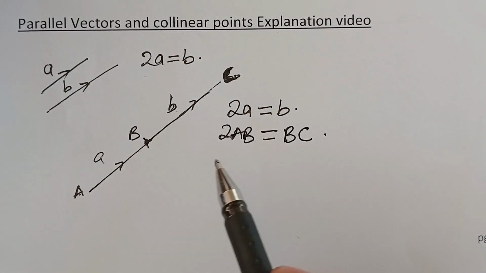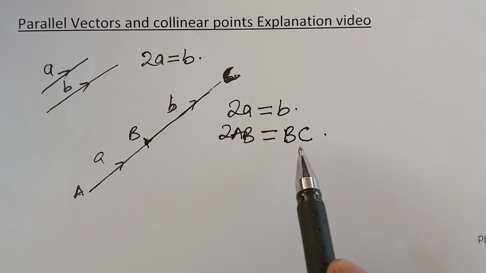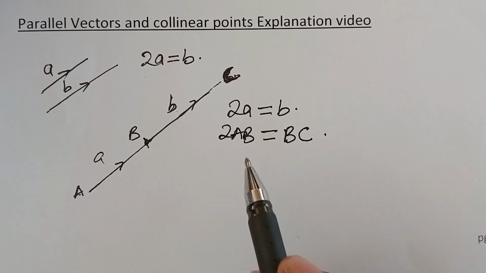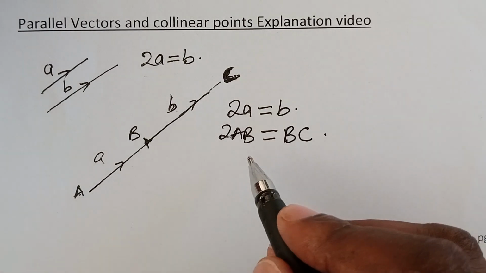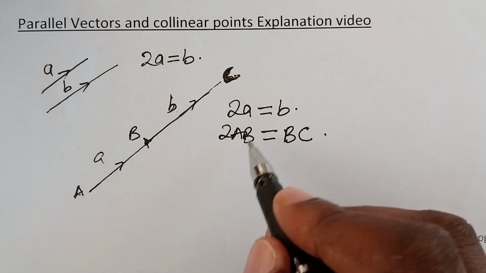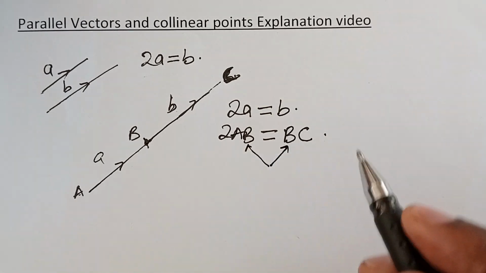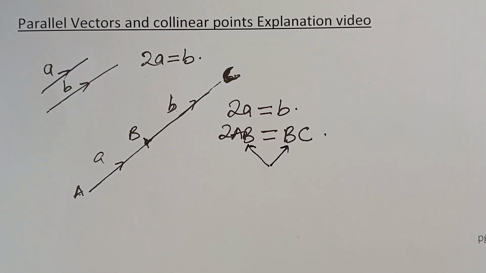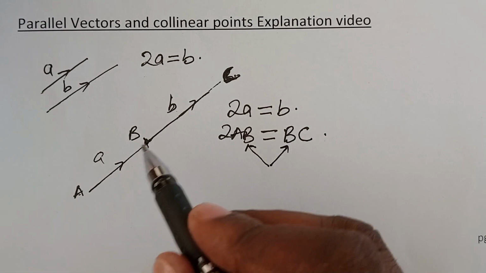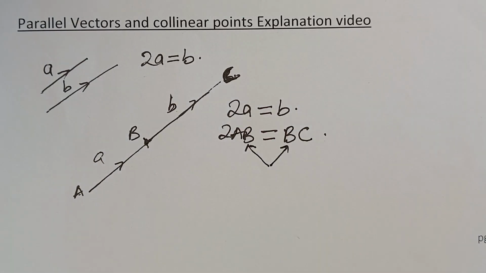It is true the two vectors have been expressed as a scalar multiple of each other, and given the fact that they are sharing point B, we can say the two vectors are parallel, and the 3 points A, B, C are collinear.